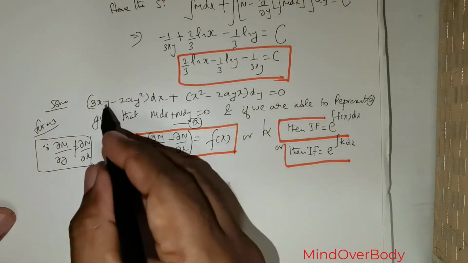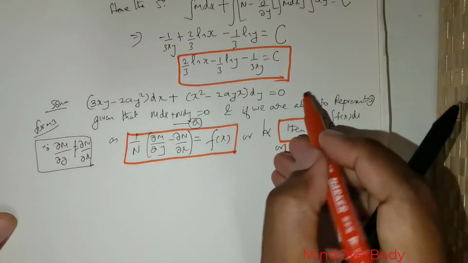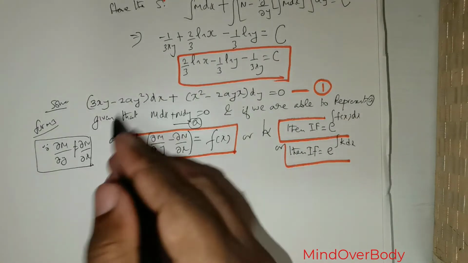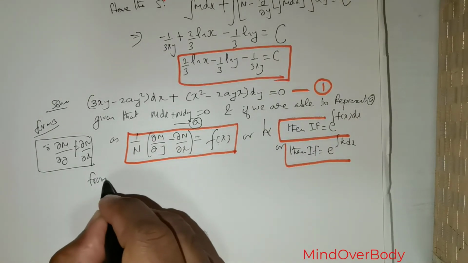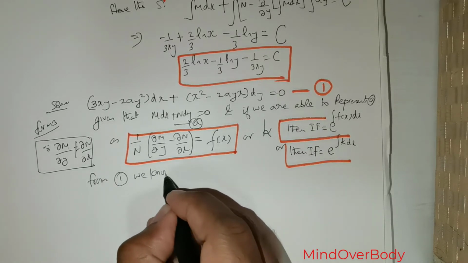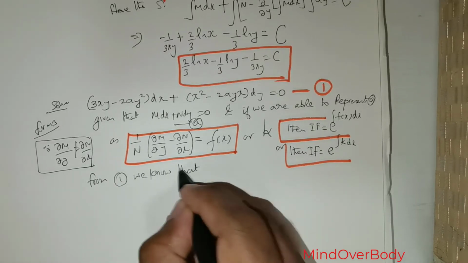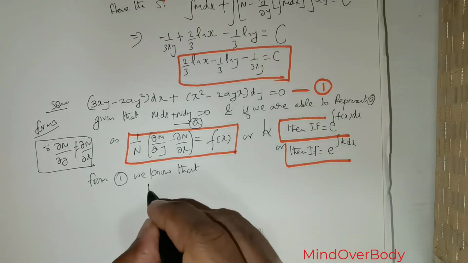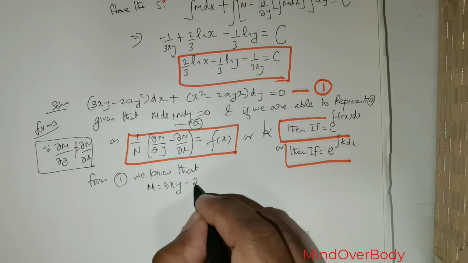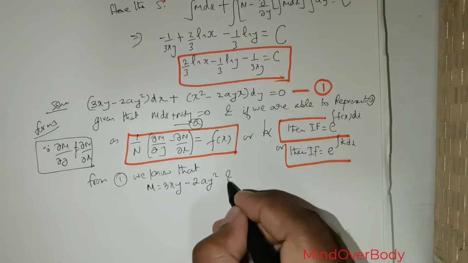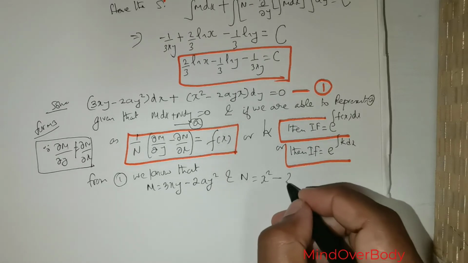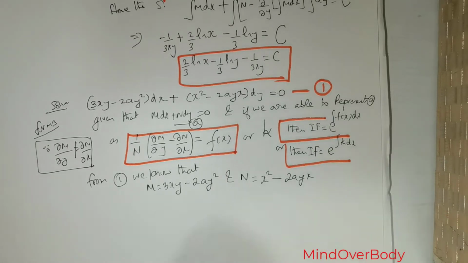So to start off with, I'm going to take this as 1, and then I'm going to say from 1 we know that. So what do we know from 1? We know that M is equal to 3xy minus 2ay squared, and my N is x squared minus 2ayx.